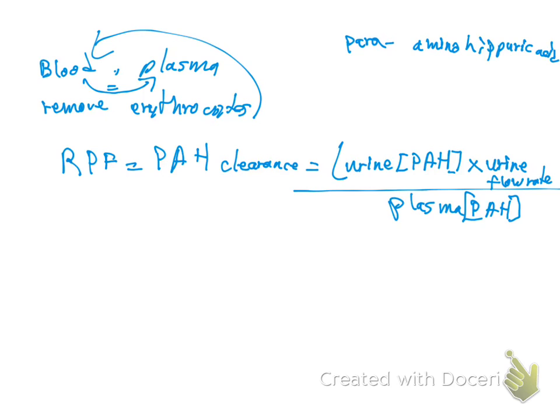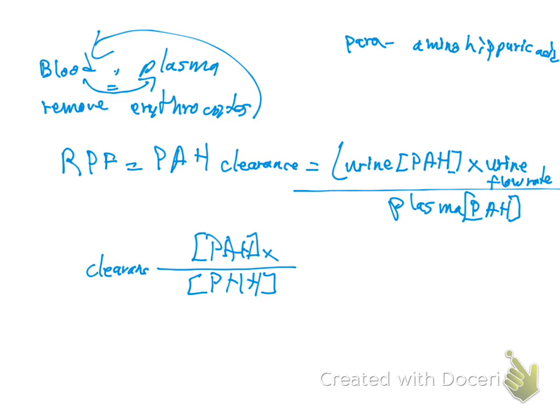Basically, you can create the formula just like this one. I'm going to write the same formula, but with PAH, and you write times here. Now in all this I have two PAH, because the first one I want to know is the clearance.